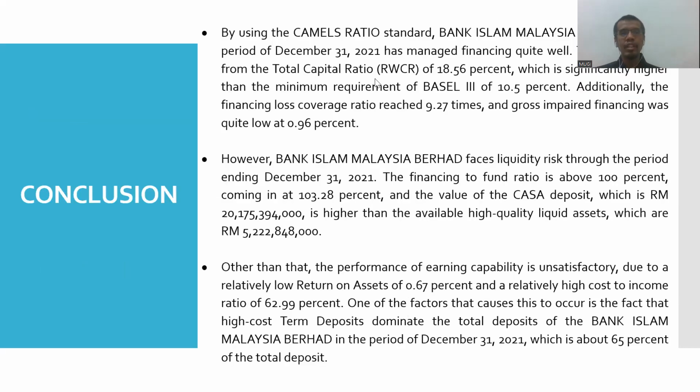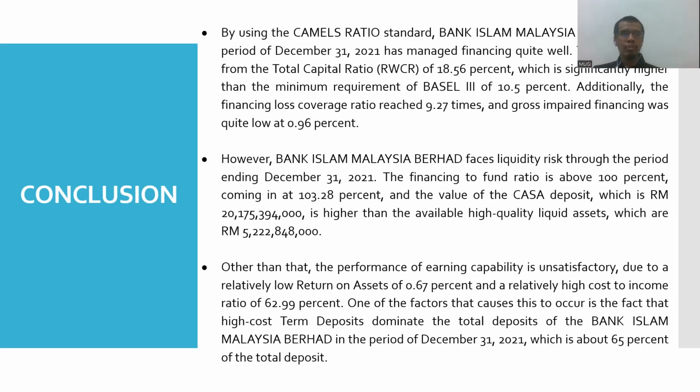Okay. After we do the calculation and find out the financial ratio of each financial indicator, I derive 3 conclusions from all the ratios. The first one is, by using the CAMEL ratio standard, Bank Islam Malaysia Berhad for the period of December 31st, 2021 has managed financing quite well. Why?